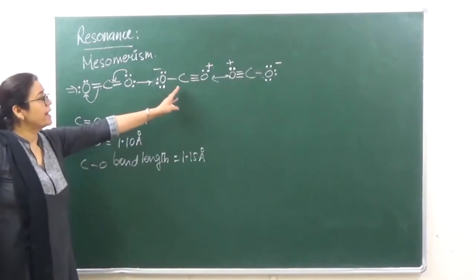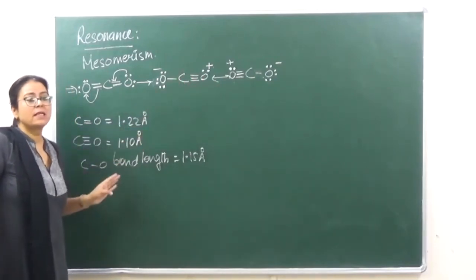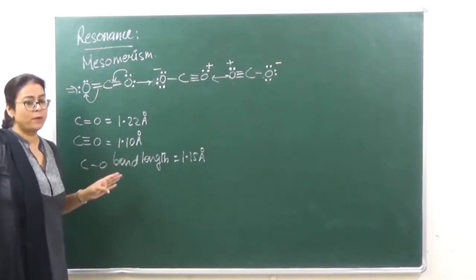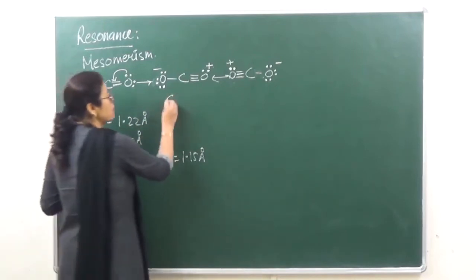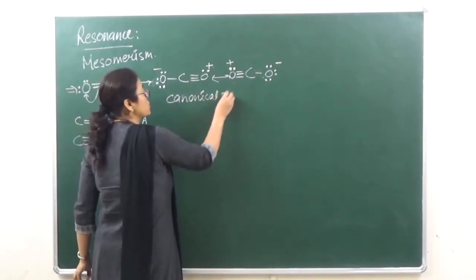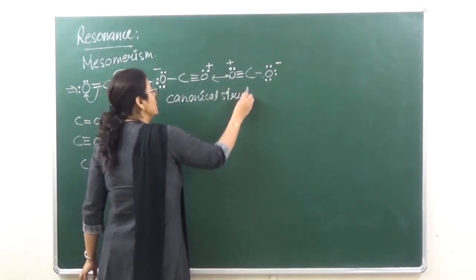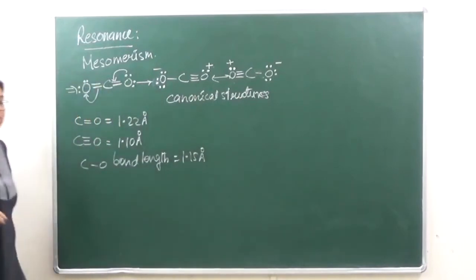So when we are looking at carbon dioxide here and carbon dioxide here, both of these are going to be known as the mesomeric forms or the resonating structures, or another name which is given, that is canonical structures. Okay? So this is the property of resonance.